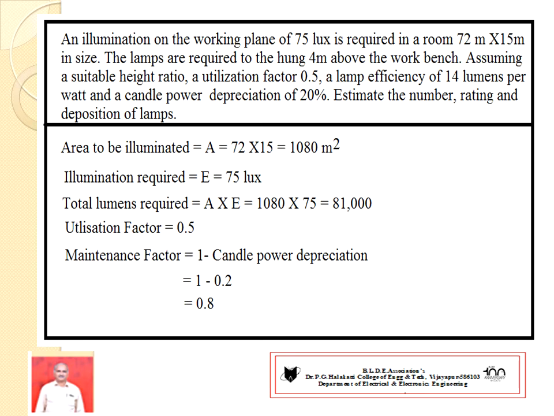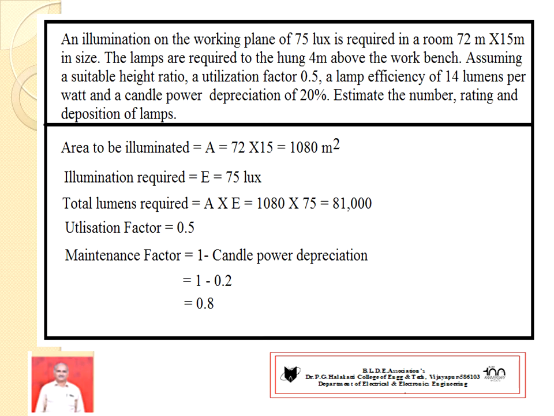Another problem: an illumination on the working plane of 75 lux is required in a room 72 meter into 15 meter in size. The lamps are required to hang 4 meter above the working bench.